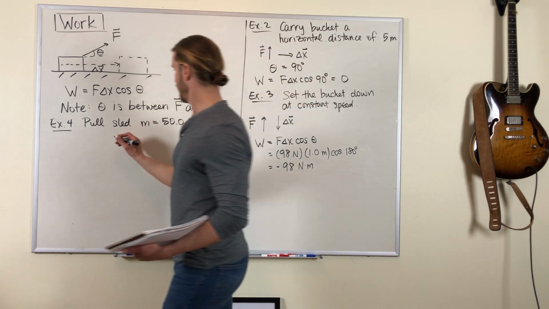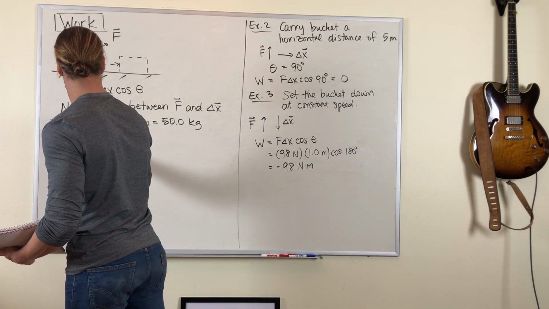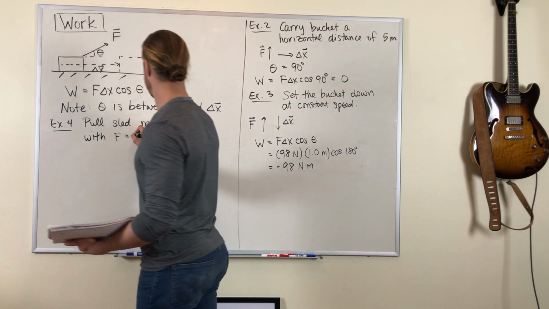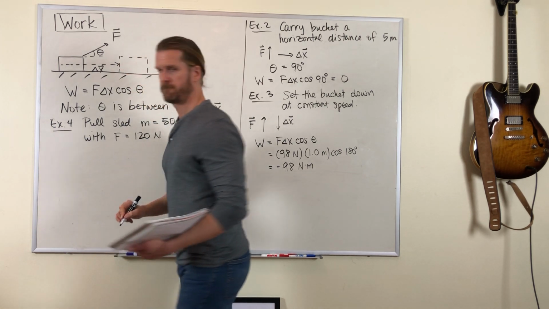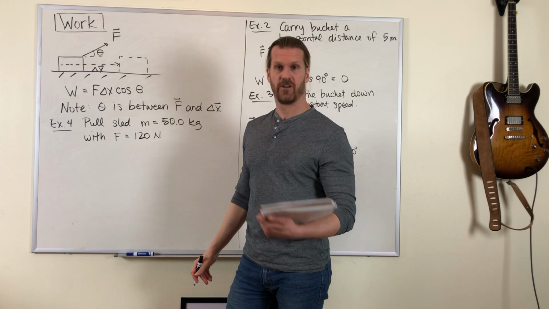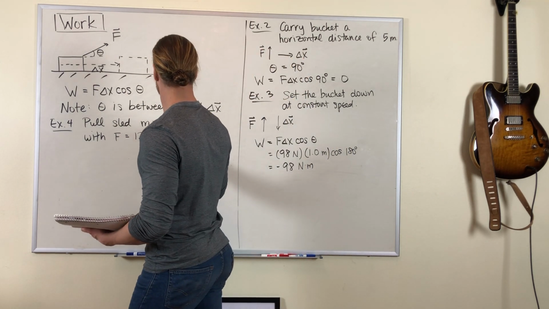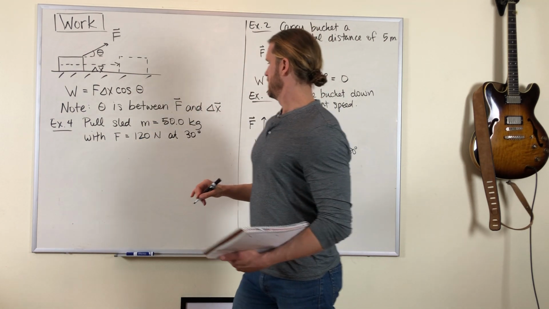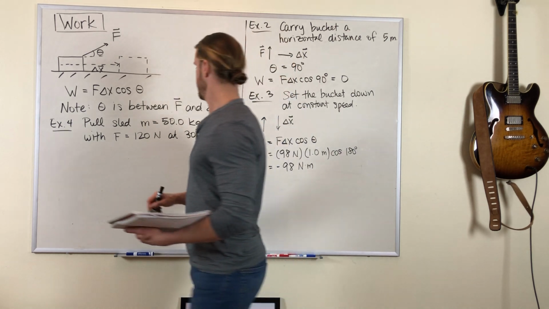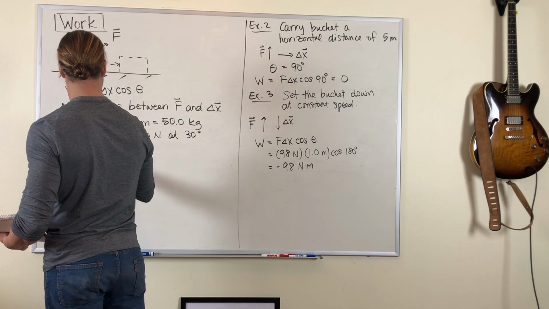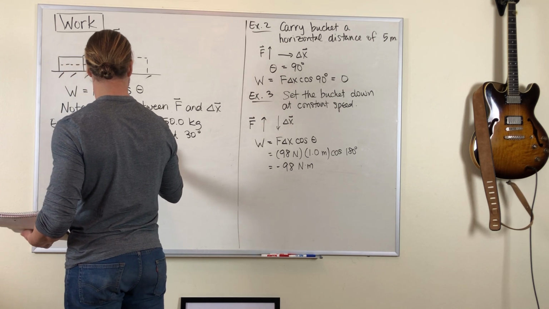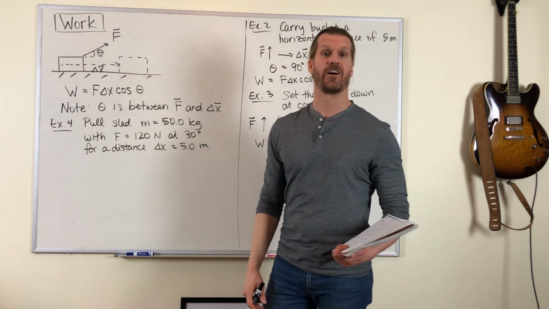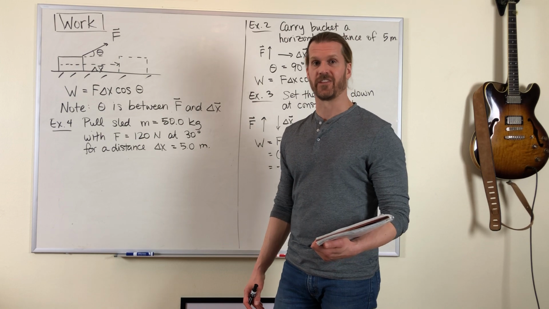And you pull with an applied force of 120 newtons at an angle of 30 degrees for a distance of 5 meters. Calculate the work done on that sled that you're pulling.